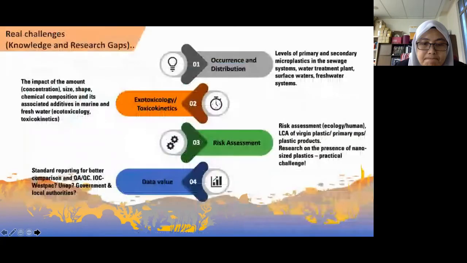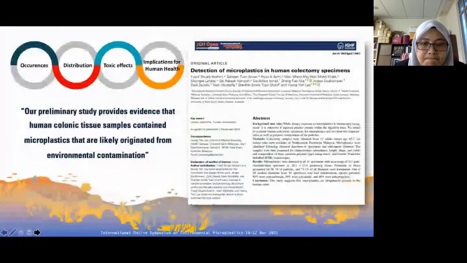Before I stop, here are some of the other challenges, especially in the Malaysian context, since we still need more people and more research to be done in this area. At the end of the day, whatever goes into the rivers and our ocean will come back to us and harm us.